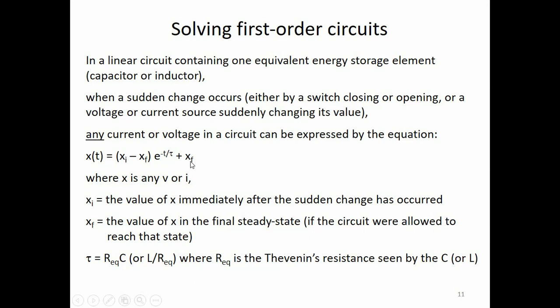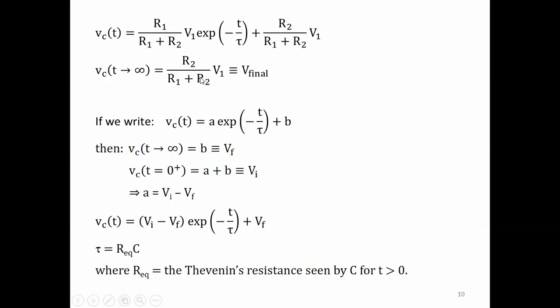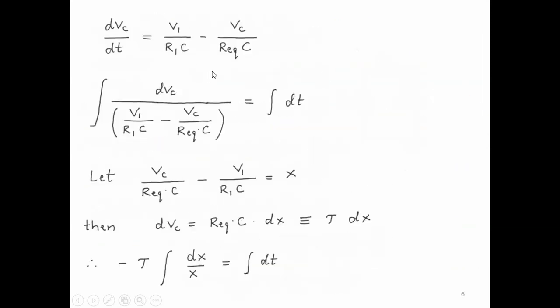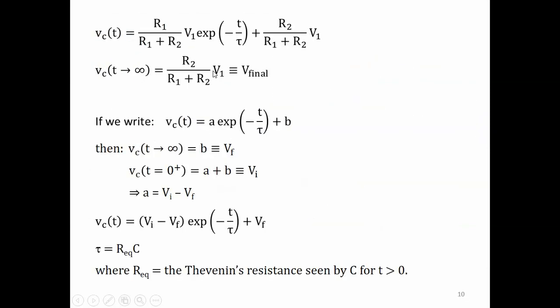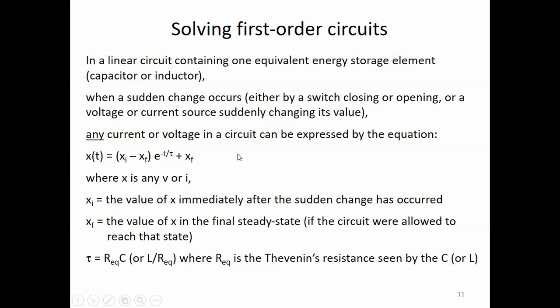Now the advantage of this whole statement is that, given this knowledge, whenever we are given any linear circuit containing one L or one C, we do not need to go through all of this derivation at all. We did it once, we convinced ourselves for one case, and then we generalized it.